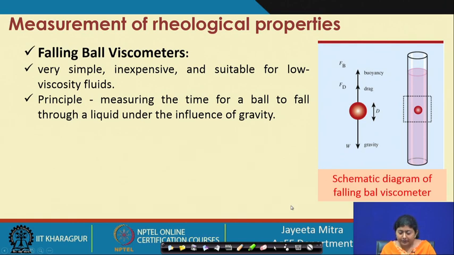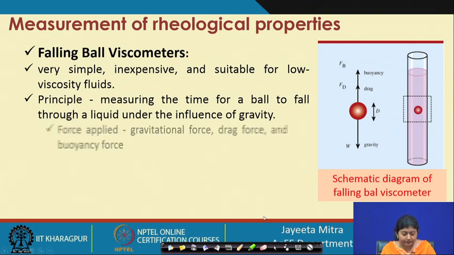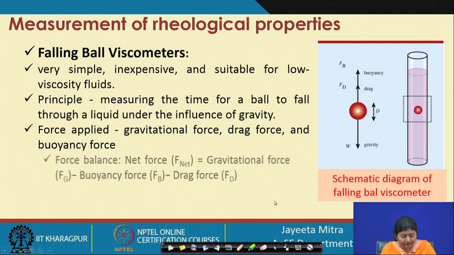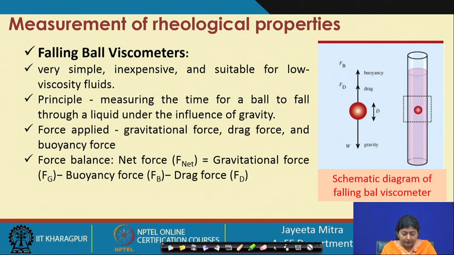Here we measure the time for a ball to fall through the liquid under the influence of gravity, and it is also suitable for highly viscous material. The forces we have already discussed. So, the force balance: the net force is equal to the gravitational force F g, which acts downward, minus buoyancy and drag, which act in the upward direction.